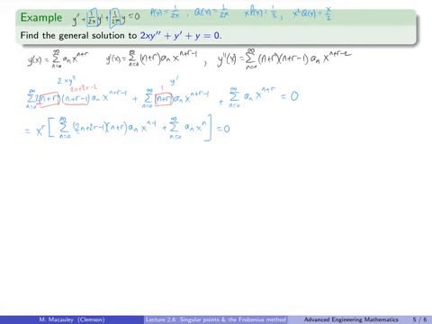So we need to combine these terms. We can divide through by this x to the r. We don't need that anymore. We want to combine this into a single sum and set the coefficients equal to 0. So let's shift the indices. We can do that by letting m be equal to n minus 1. In other words, n is m plus 1.